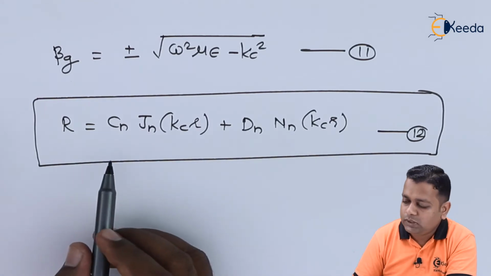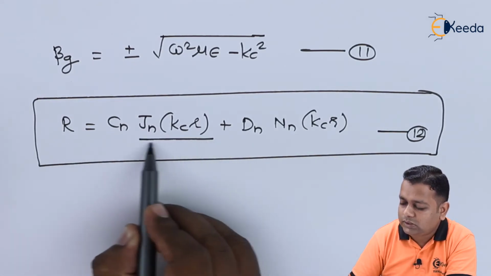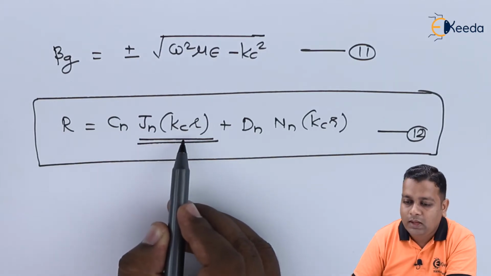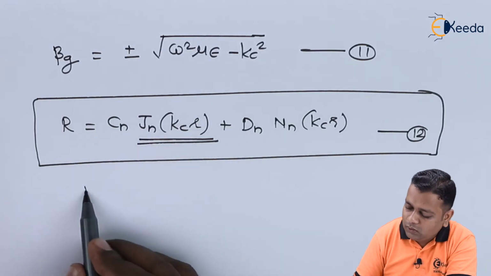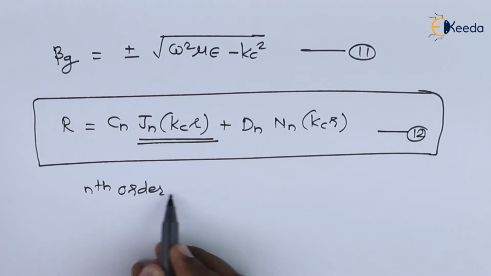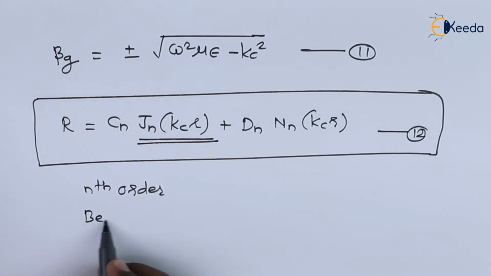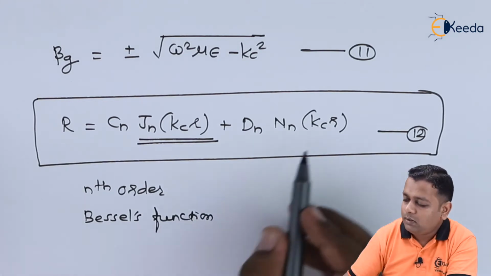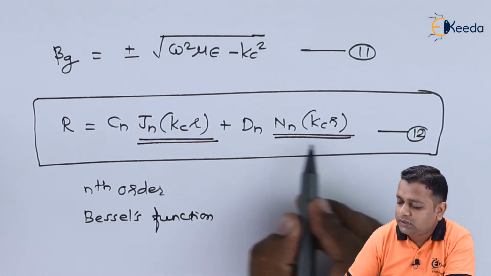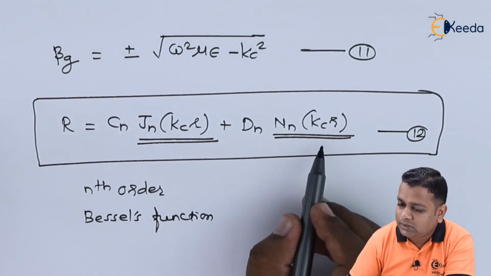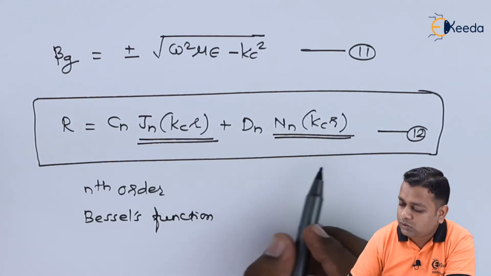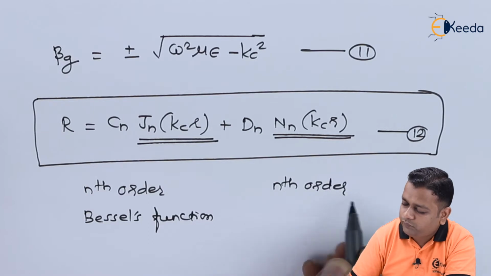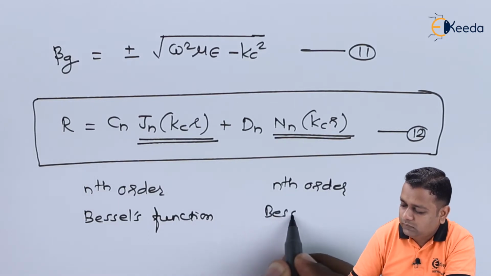And in this equation we have the notation J suffix n as a function of kc r here. This is called the nth order Bessel function, and capital N suffix n as a function of kc into r is also called the nth order Bessel function.